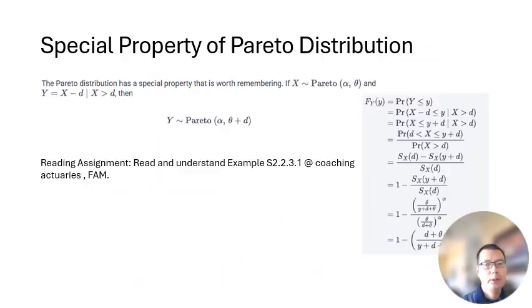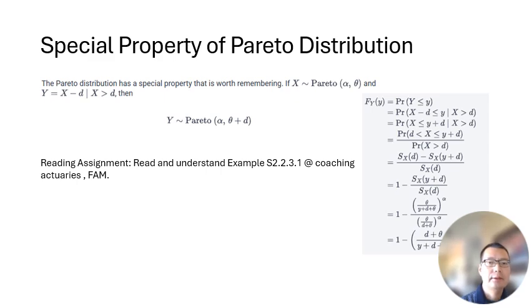There's a special property of the Pareto distribution that we should know. If X follows a Pareto distribution with alpha and theta, and if Y is equal to X minus d given that X is greater than d, then Y follows the Pareto distribution with alpha and theta plus d.